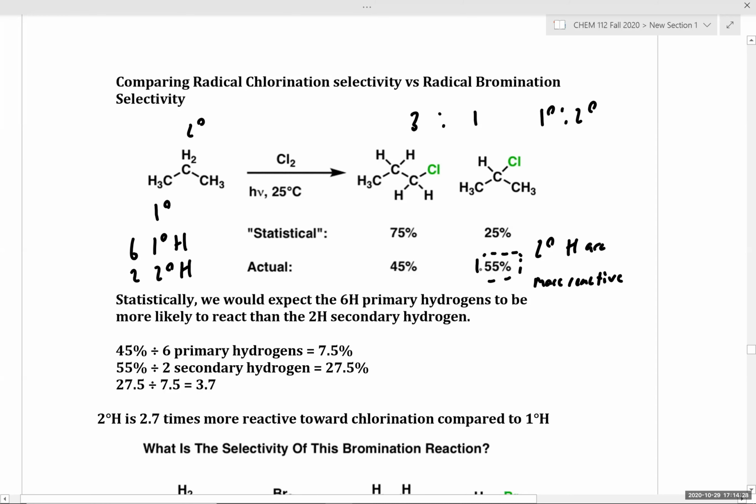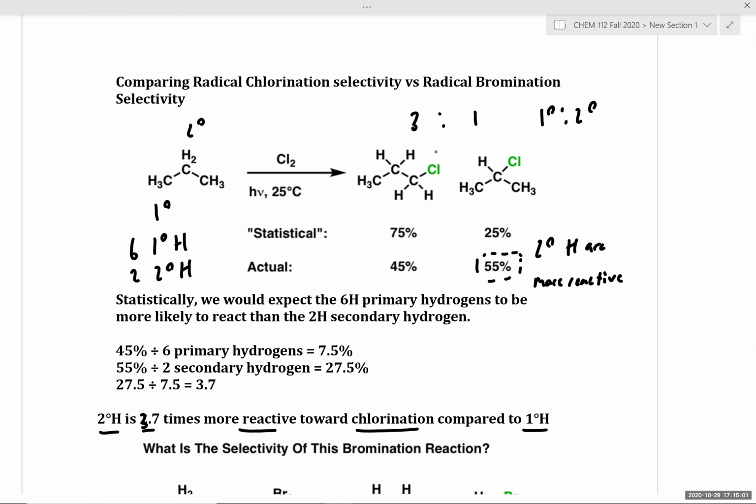Accounting for the number of primary and secondary hydrogens present, we notice that the secondary hydrogen is roughly 3.7 times more reactive towards chlorination compared to the primary hydrogen. That's why we observe this somewhat dramatic difference between our statistical prediction and the actual ratio of primary versus secondary chlorination. Does that make sense to everyone?